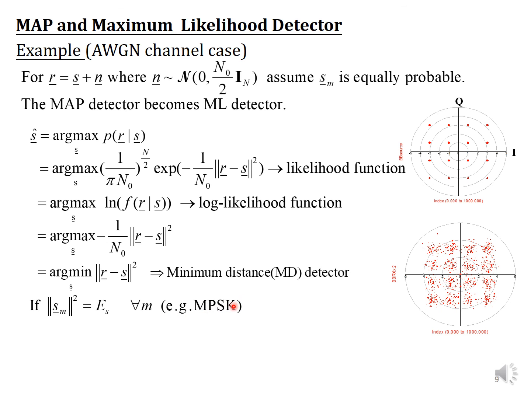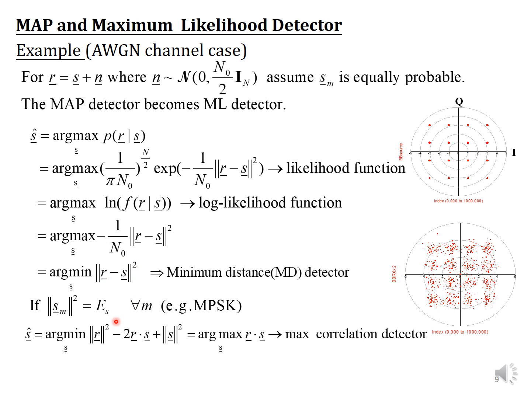If the modulation does not have equal energy, then this does not satisfy. However, if this is satisfied, you can further reduce this distance calculation. This is the distance calculation of two vectors, and because of the equal energy, we can remove this term.